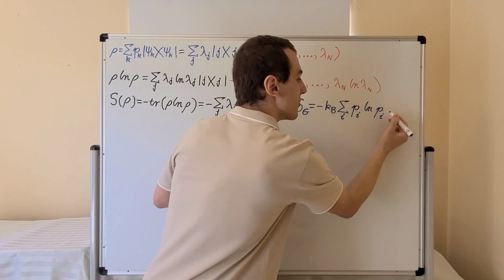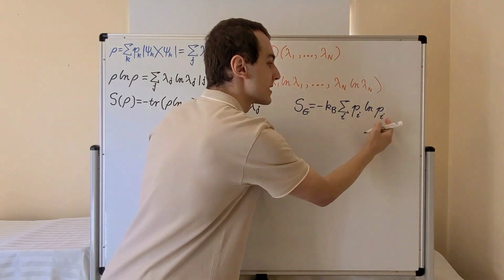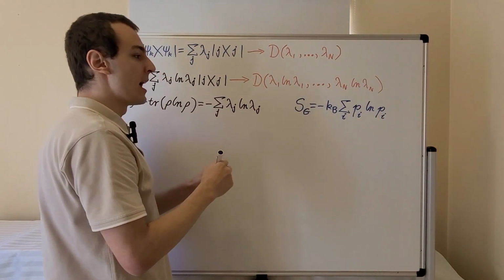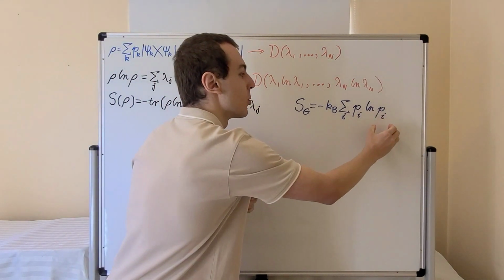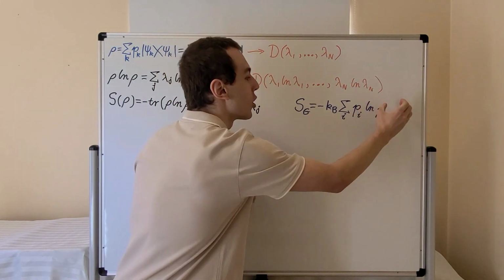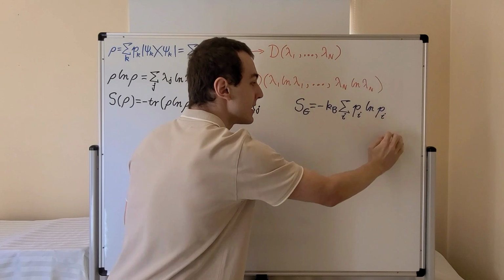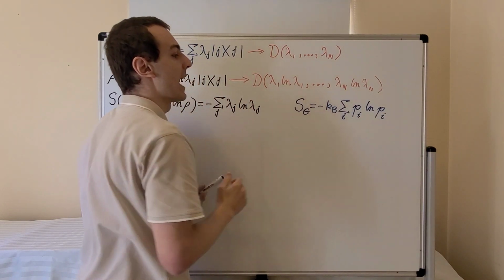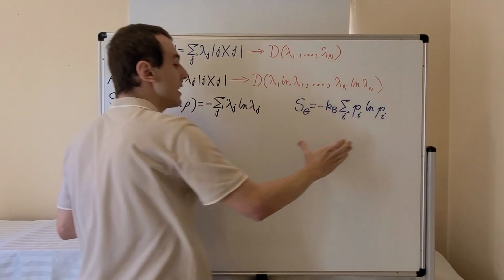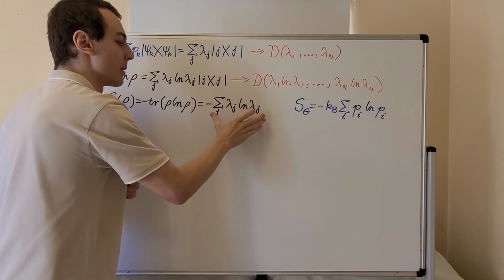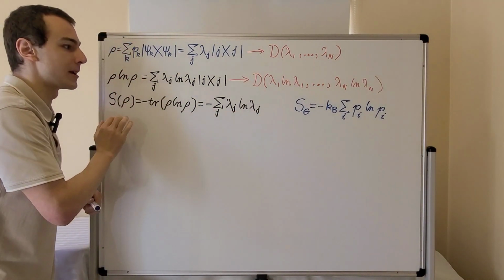So these p's, which are labeled by the index i, are probabilities. And we have this same format where we have a probability times the log of a probability, and we're summing over the index, and there's also a minus sign out the front. So this format is very similar to the format for the von Neumann entropy.